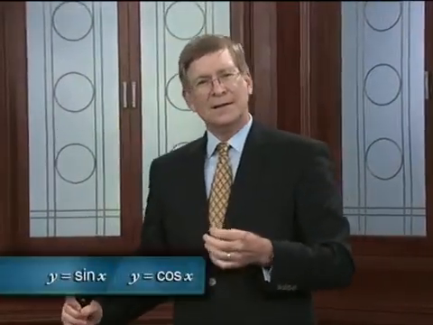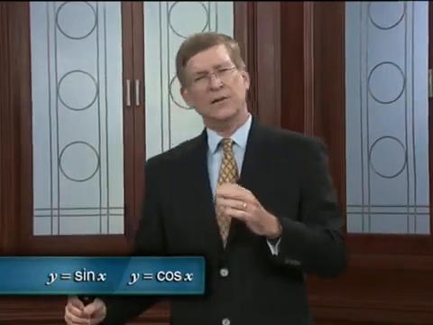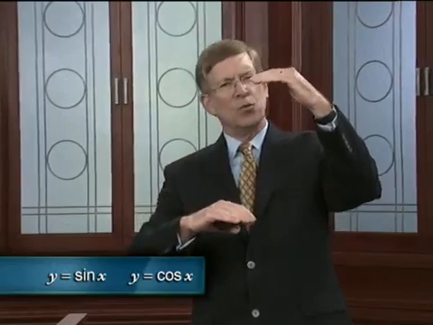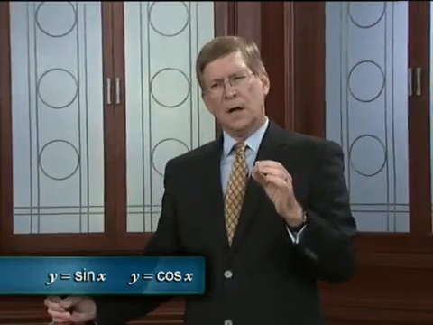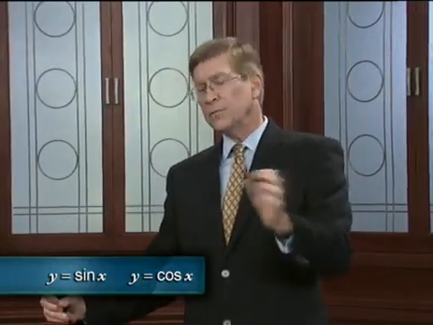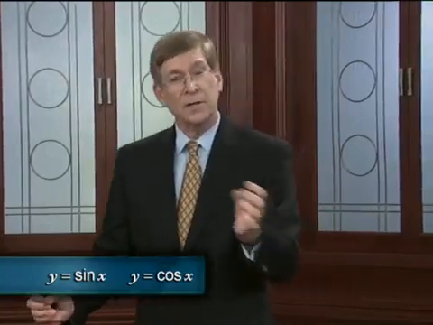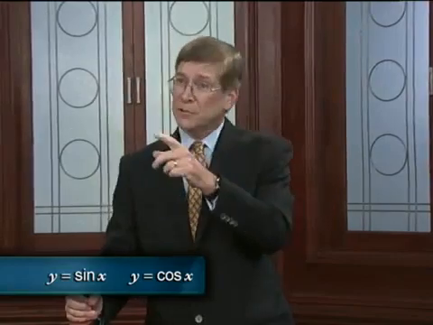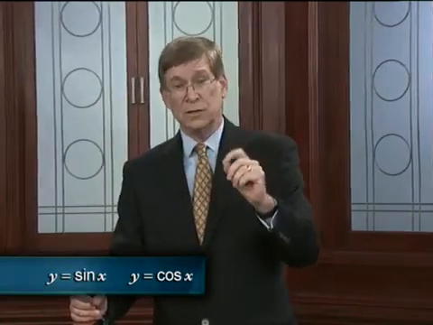Let's recall the sine and cosine properties that we did last time, because they'll affect what we do today a little bit. Sine x and cosine x, the domains, all real numbers. The ranges, -1 to 1. Sine's an odd function, cosine's an even function. They're both periodic with period 2 pi. The amplitude is 1 for these functions.